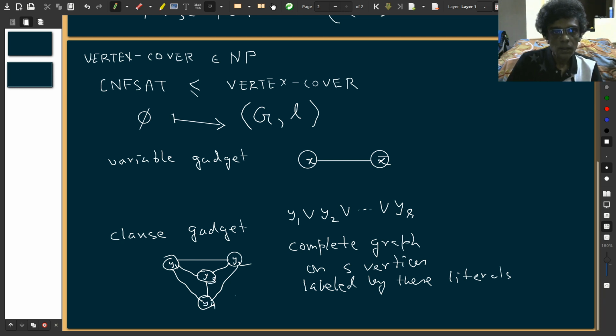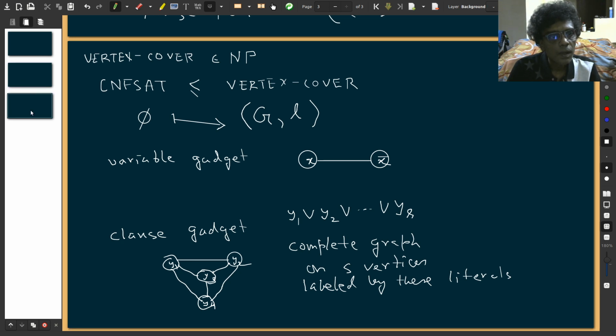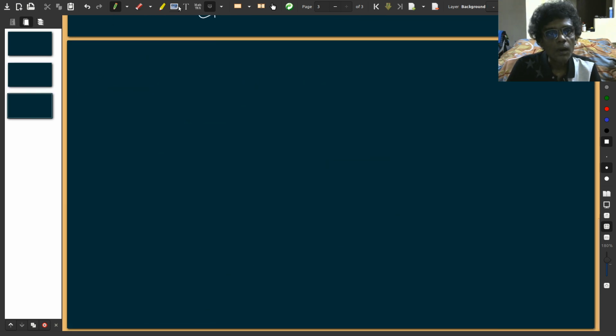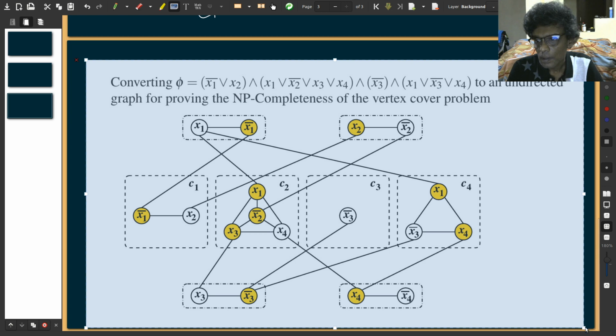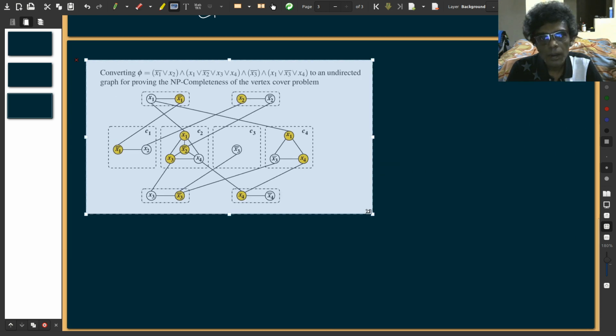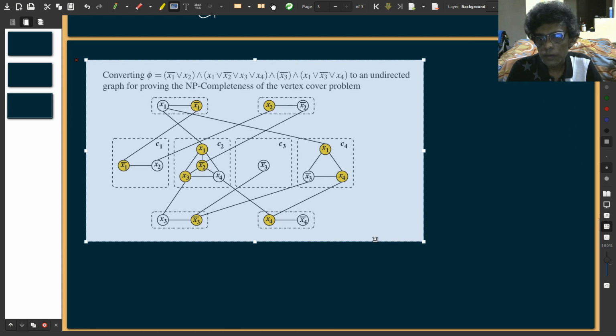Okay, so let me give you a neater picture. I will import a picture here. I will specify what L is after I explain the complete construction. Okay, maybe this is good enough.